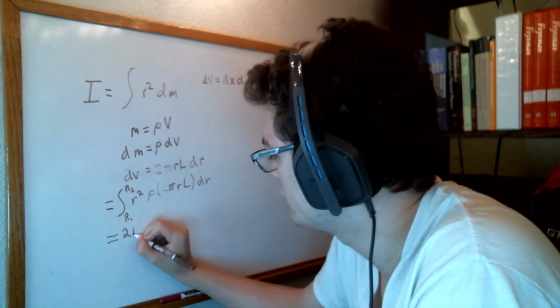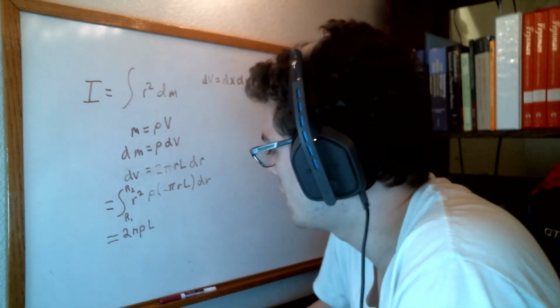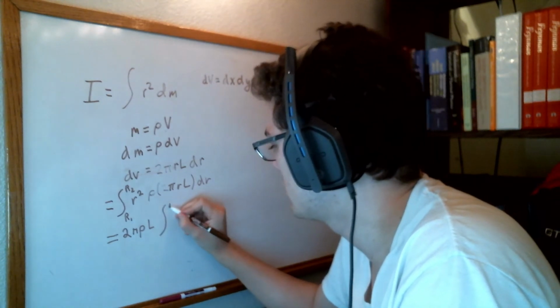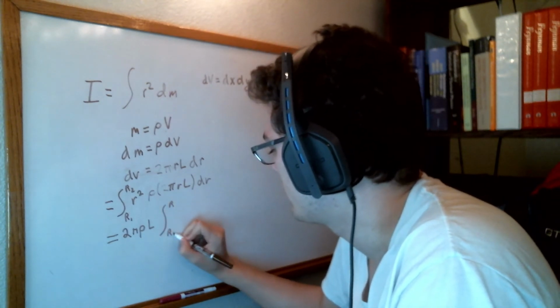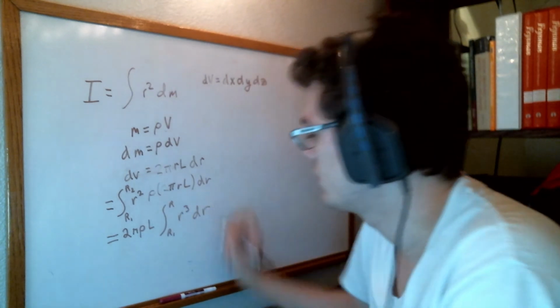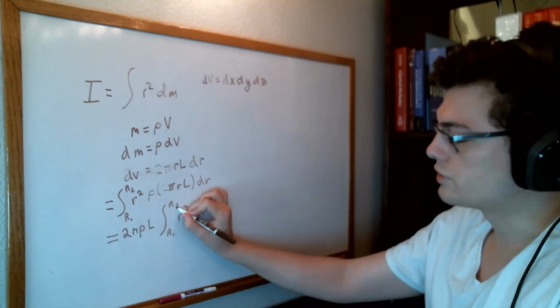So 2 pi will come out, rho will come out, and so will L. And so then from here, we're going to get this integral here, r cubed dr from r1 to r2.